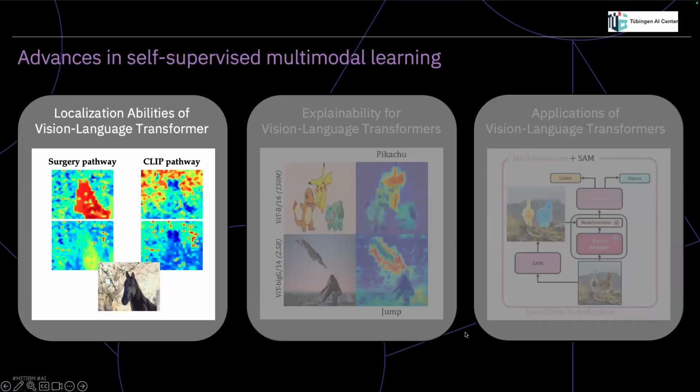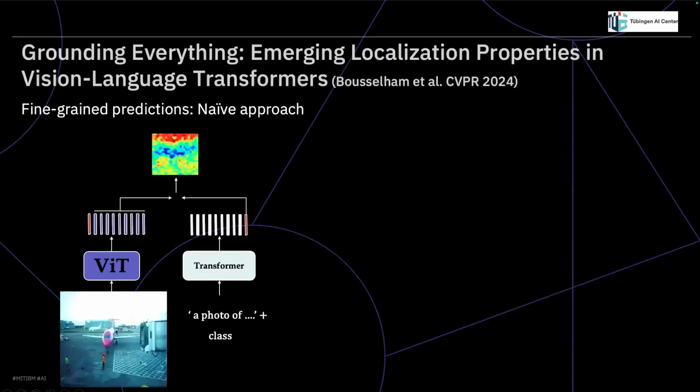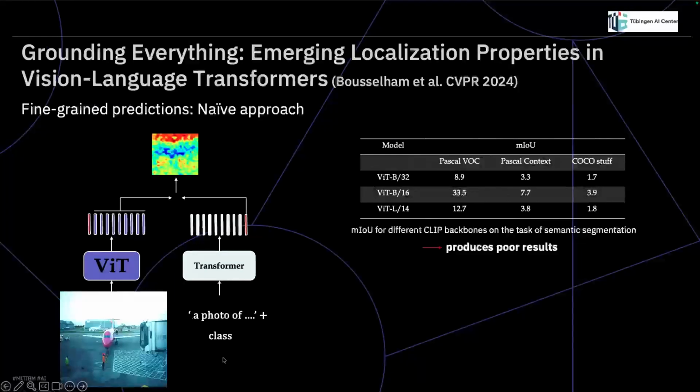And the interesting story is in the beginning, the answer is there are no localization abilities of, for example, CLIP models. So in a very simple world, when you would just take a pre-trained CLIP model, trained with contrastive loss, the way I showed you, and instead of matching the class token of the ViT, just take all the patch tokens and compare how well they match a query like "photo of an airplane", you will see it actually will be super bad.